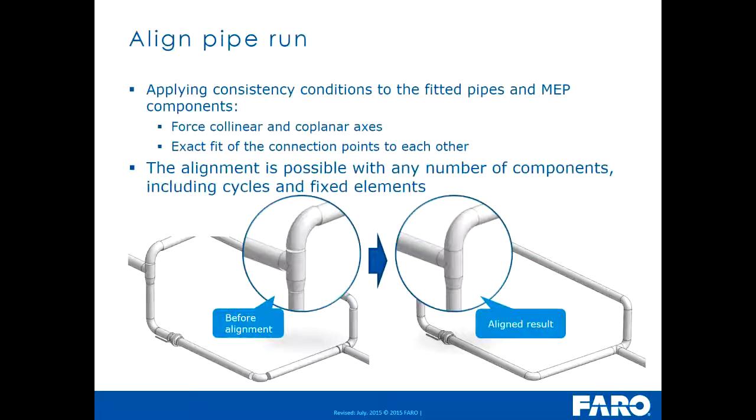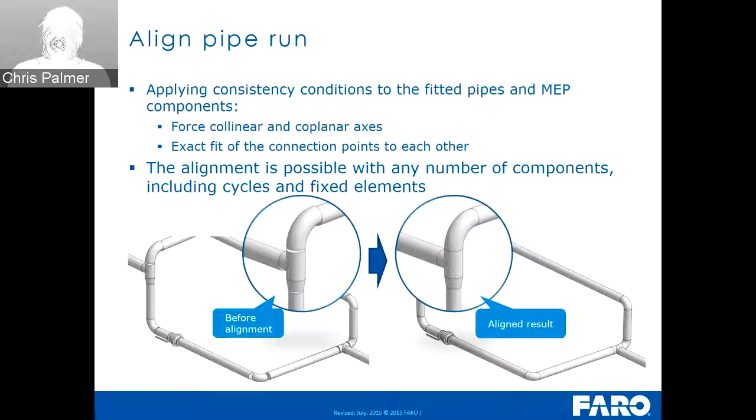And once we've done that, we then need to align the pipe run. You can see probably on the left-hand side we have some small gaps between some of the pipes, but once we run the Align Pipe Run tool, that is going to join those together very accurately and very closely. It also allows us to speed up the process, because we don't have to worry too much about every single pipe joining to the next one.